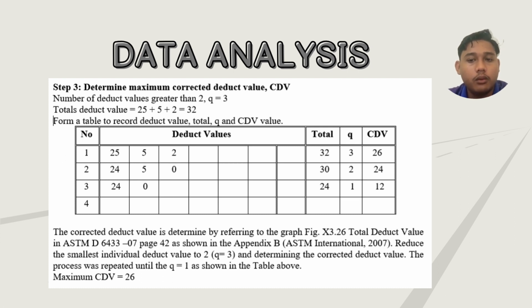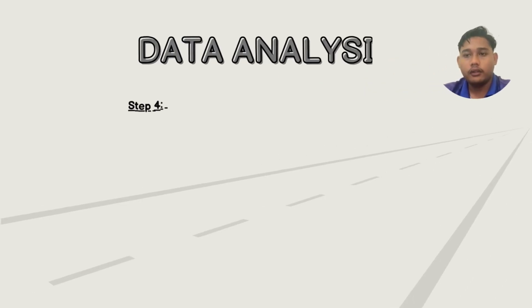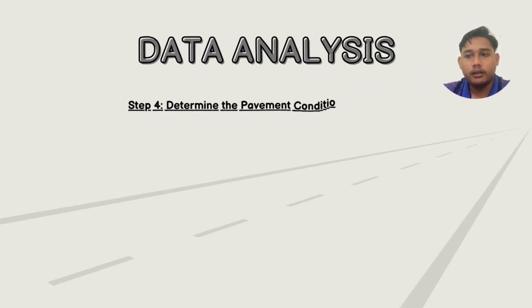The process is repeated until Q equal to 1, and the maximum correction deduct value is 26. Step 4 is to determine the pavement condition index.